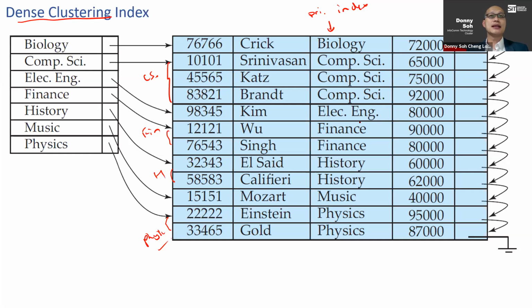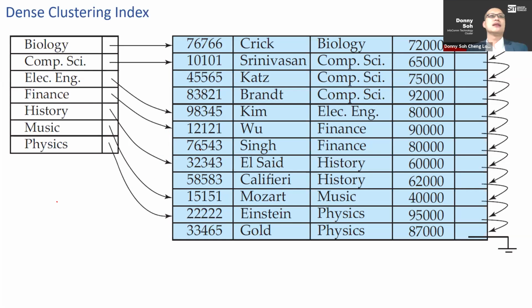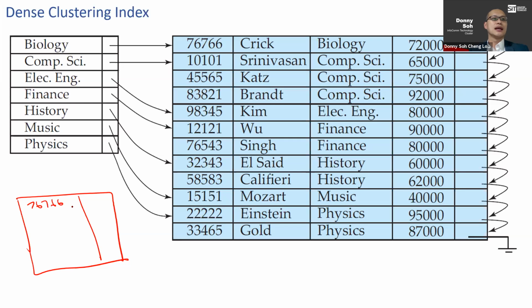So if I want to have two clustering indices, it means that I have this clustering index here, and then I will have another clustering index like that.